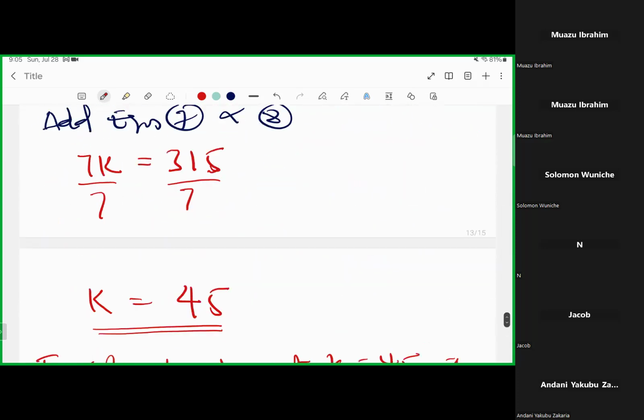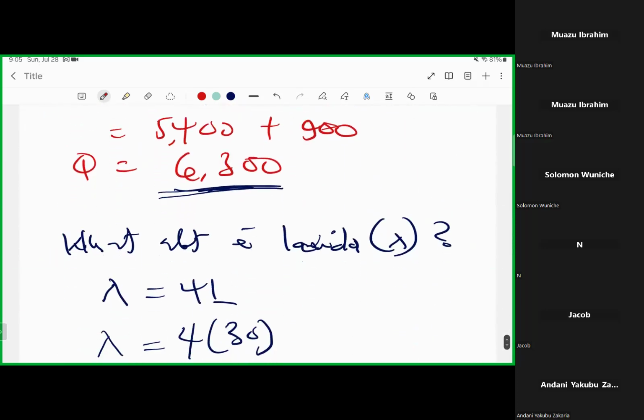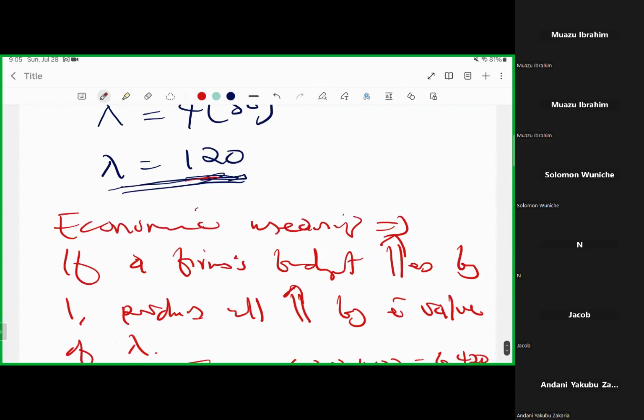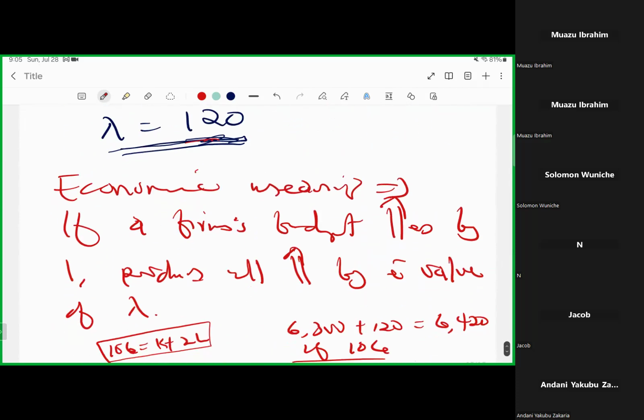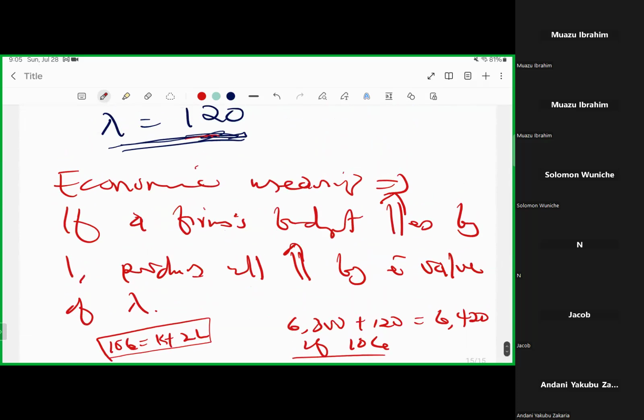But this is going to be a tedious task. So the lambda gives you a shortcut to estimating the unit changes in the production input as a result of changes in your budget constraint. So the economic meaning of the lambda is literally the extra production that you are going to get when you increase your budget allocated for a particular combination of inputs.